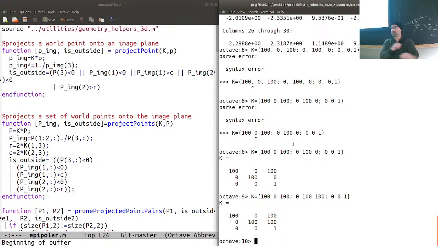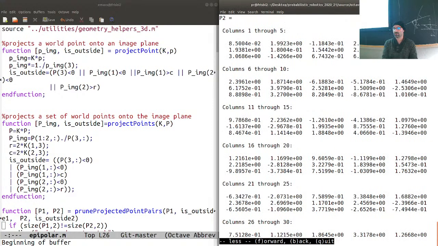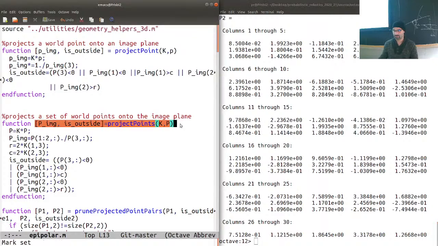I have these points, P1 and P2. P1 I have, P2 I have, and I can triangulate them. No, I have to first project them. P1, and it is outside. Oh, better.